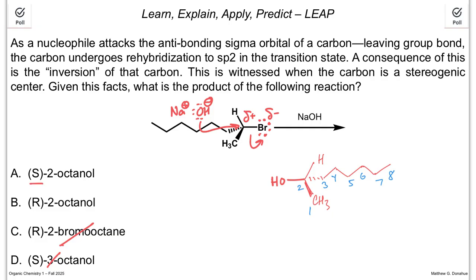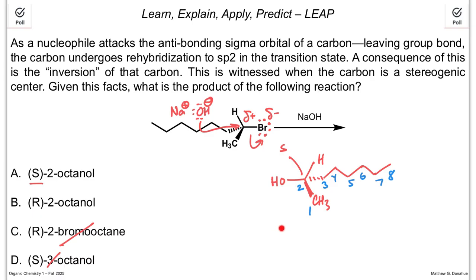So the right answer is S. The way that I do this, I've taught this slide for a solid 6 years now, so it's kind of memorized, but that's the lowest priority group, that C-H.